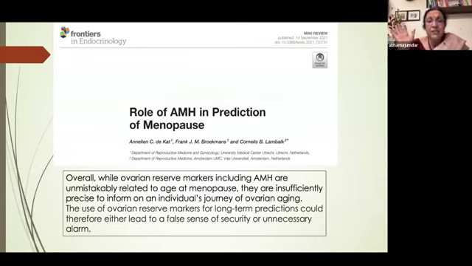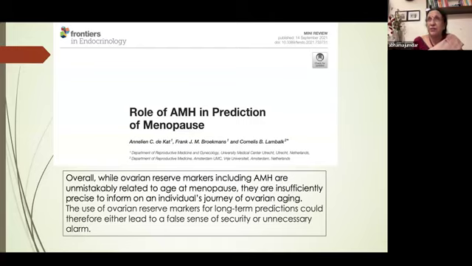Overall, while ovarian reserve markers, including AMH, are unmistakably related to age at menopause, they are insufficiently precise to inform on an individual's journey of ovarian aging. The use of ovarian reserve markers for long-term prediction could therefore lead either to a false sense of security or to unnecessary alarm. So long-term predictions are very difficult to do with ovarian reserve markers.